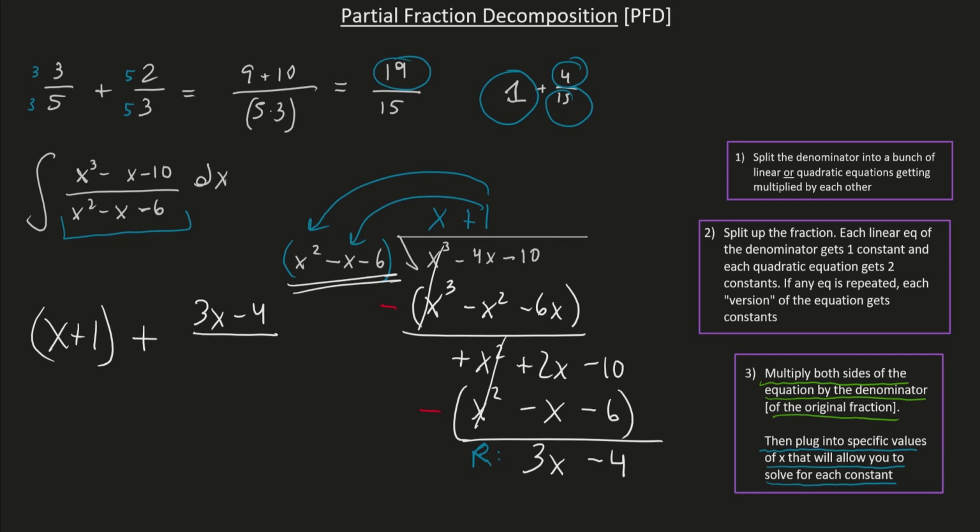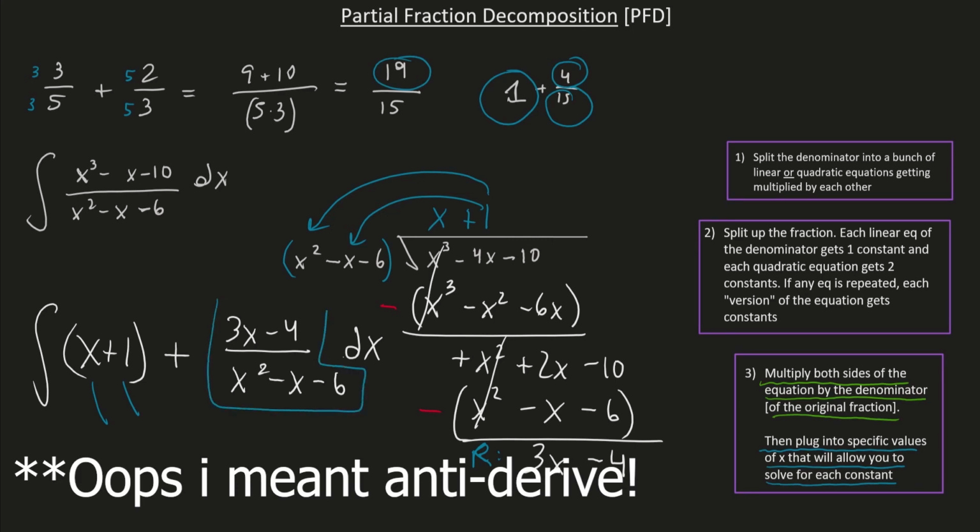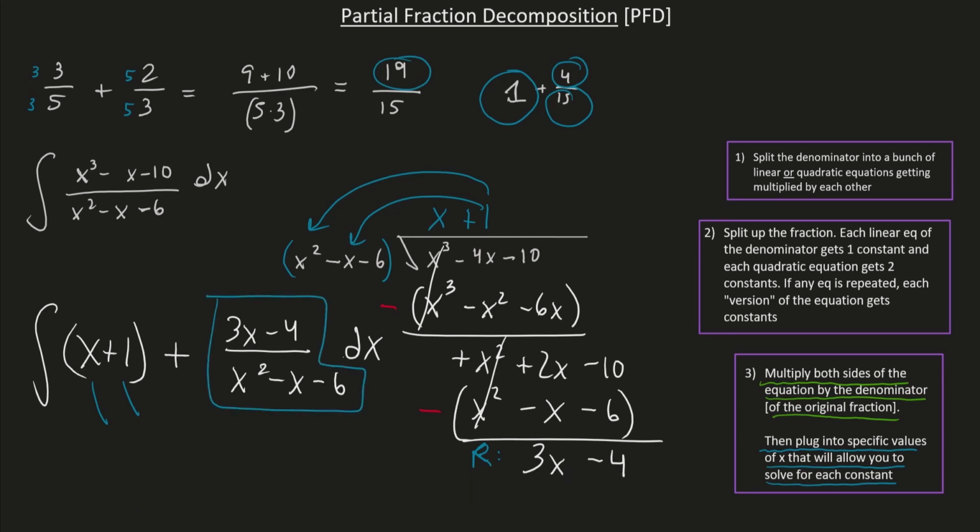And there we go. This whole thing is equal to this whole thing. And of course we want to take the integral of this. These pieces are easy to integrate, and to integrate this piece, we would use our regular old step 1, step 2, step 3 partial fraction decomposition.